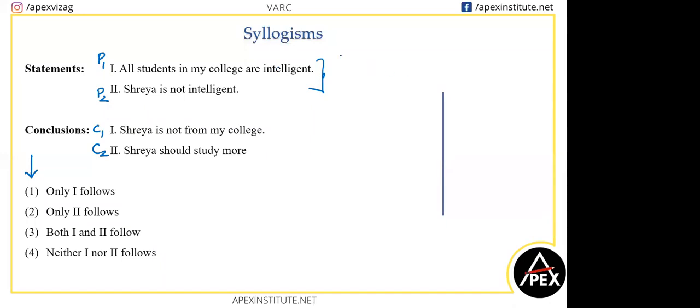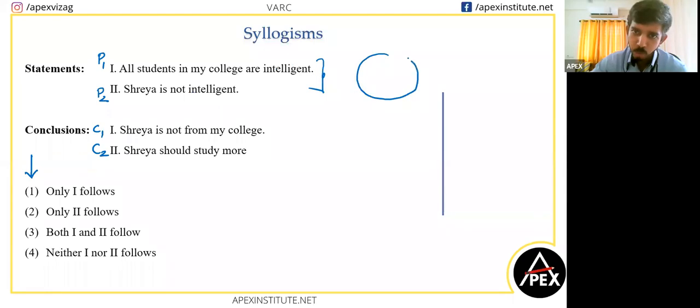Okay. So all the students in my college are intelligent. Can we say this is a group of intelligent students, all are intelligent in this. All the students in my college are intelligent. So can we say students from your college are here? There may be other intelligent kids also who are from other colleges, right? We don't know. But all the students from your college are intelligent. So we have this kind of a diagram.